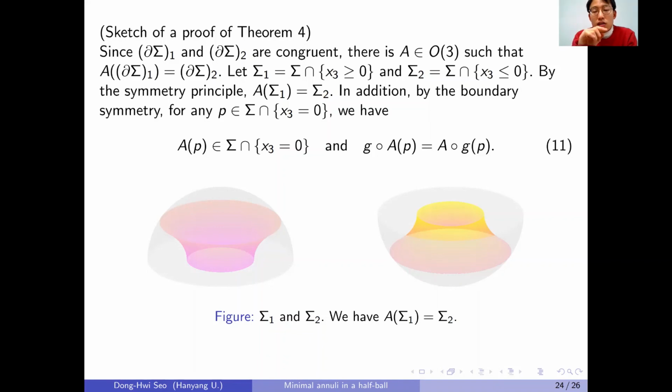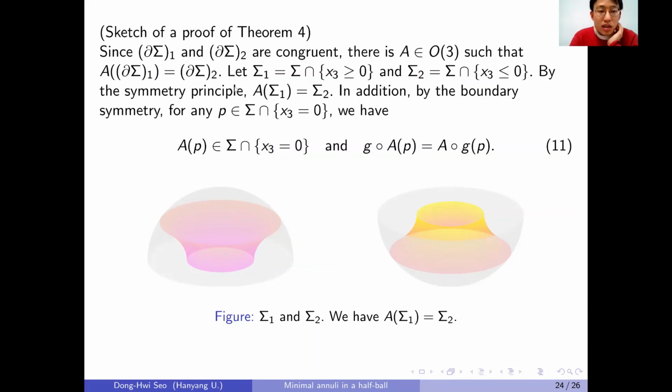And so A composite the Gauss map has the same direction as the Gauss map or the reversed direction. Since the boundary symmetry is for the minimal annulus, the sign should be identical.